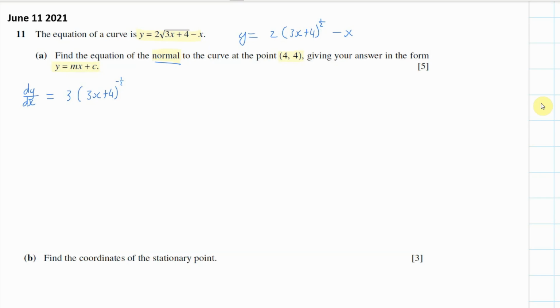You can use the chain rule and do all the steps, but it's good if you can get proficient at doing it without that. And then differentiating the minus x, it gives us minus 1.